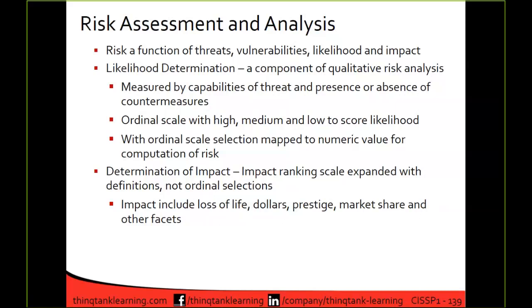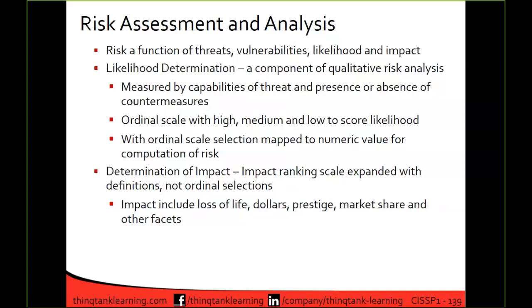It's a pretty typical thing. We see this with the military and national parks with regard to fire threats and so on. But the idea is that this ordinal scale allows you to map a numerical value so that you can compute your risk, and you can prioritize your mitigation based on that computation.